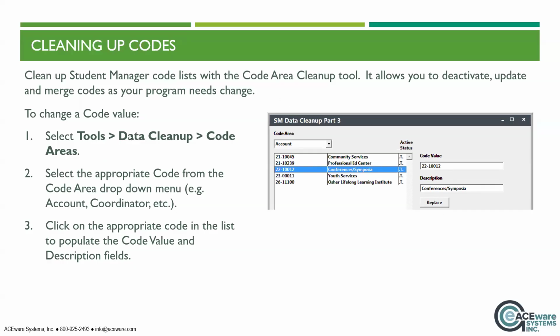So you would go tools, data cleanup, code area. You would select the appropriate code area and then click on the appropriate code list. You can change the active status, or you can change the name of the code area if you would like to, also in this place.